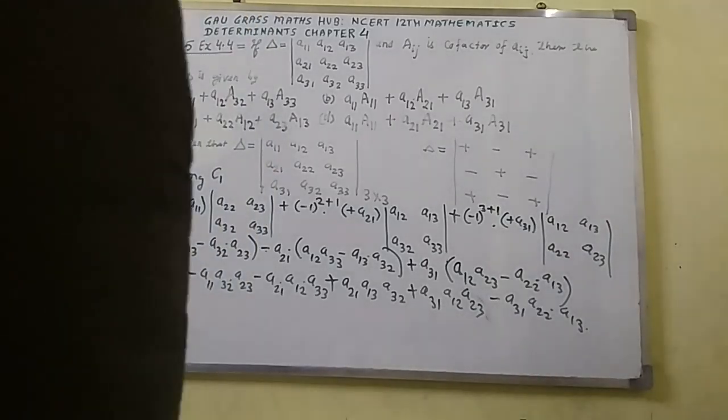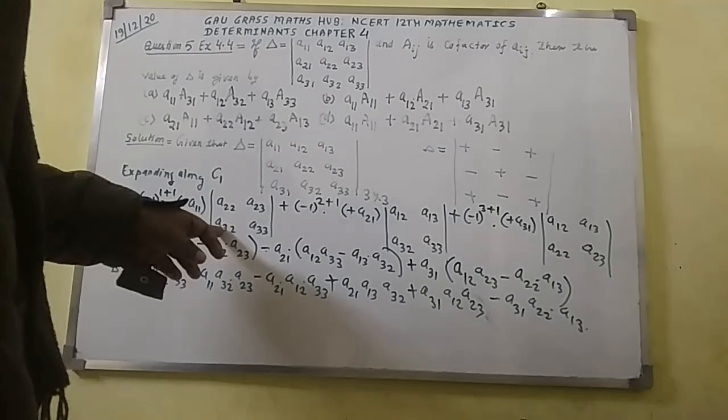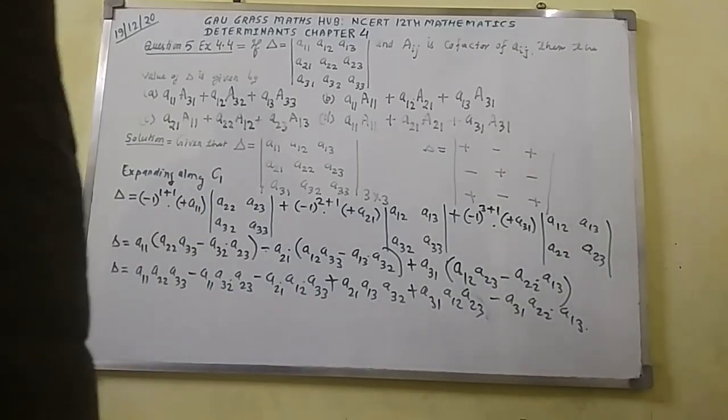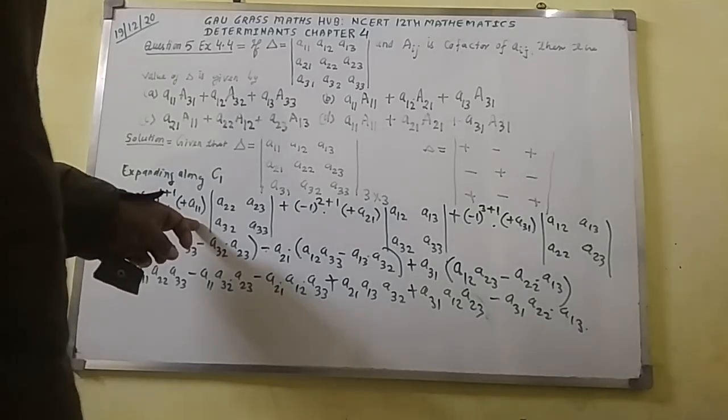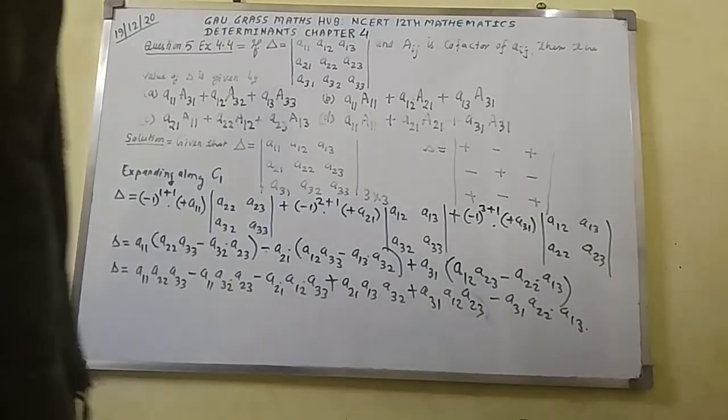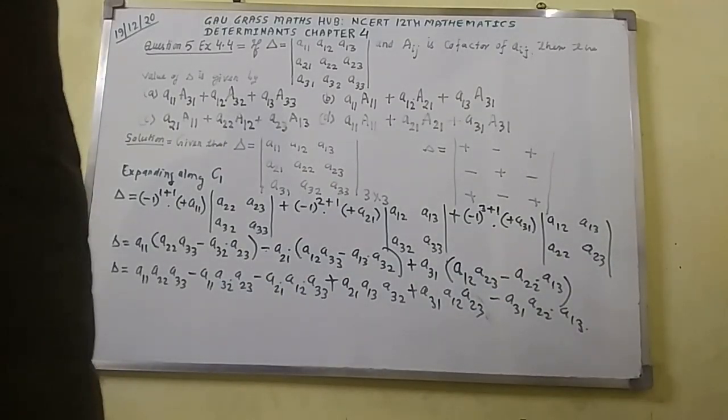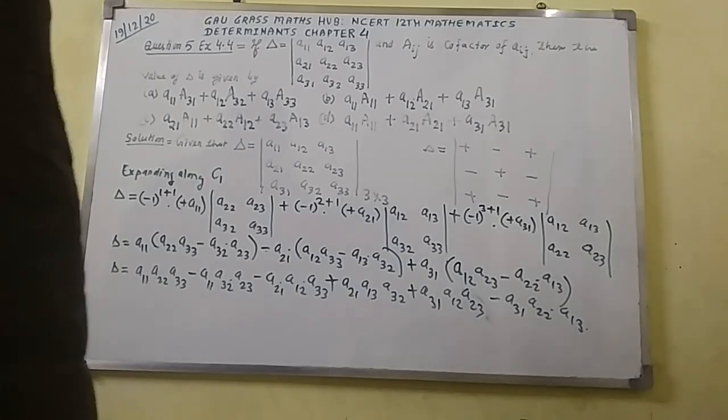This means that if we put this one, cofactor A11, A21 and A31, you will get.